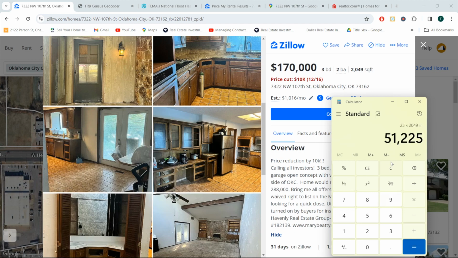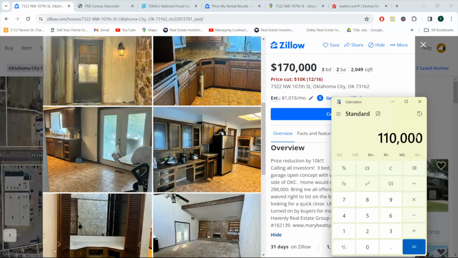Yeah, right around 50 grand. So with that being said, I'm going to take that away from the 161. For easy math, you guys can see that that's 110. So that's how much you need to walk into this property for in order to make some money, especially at 75% minus repairs.